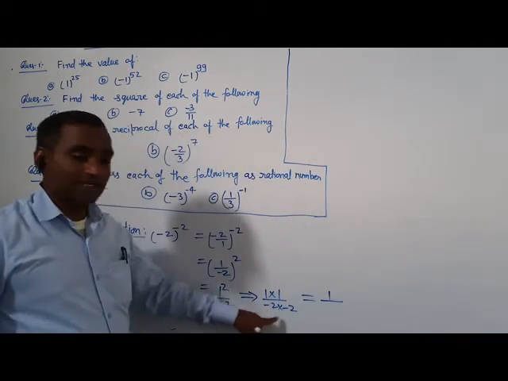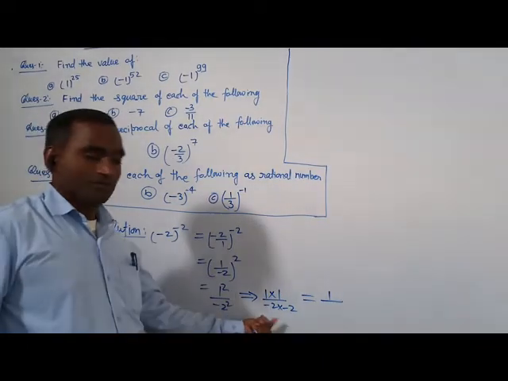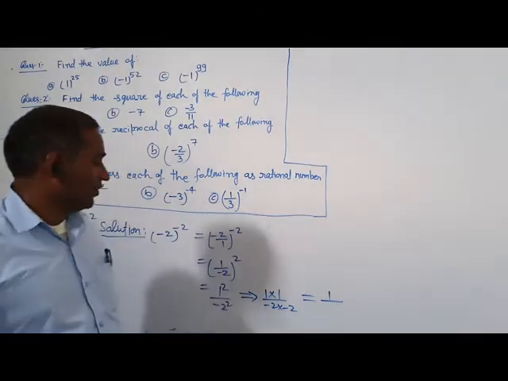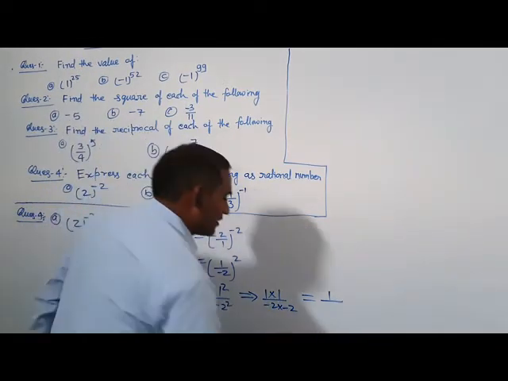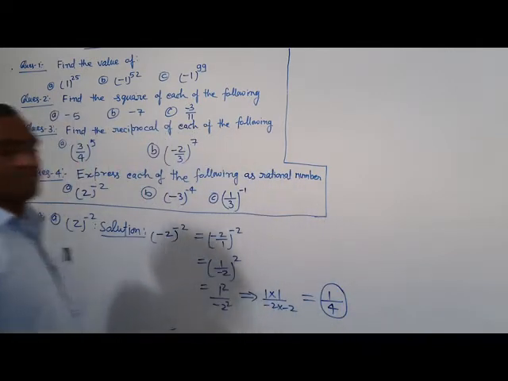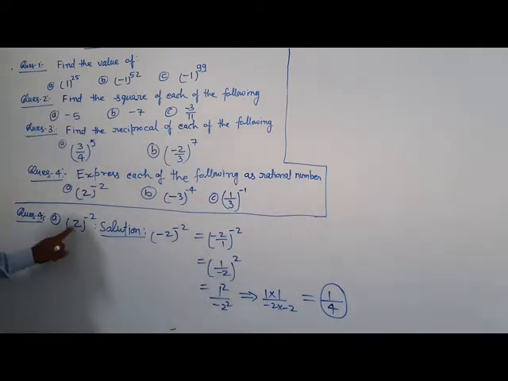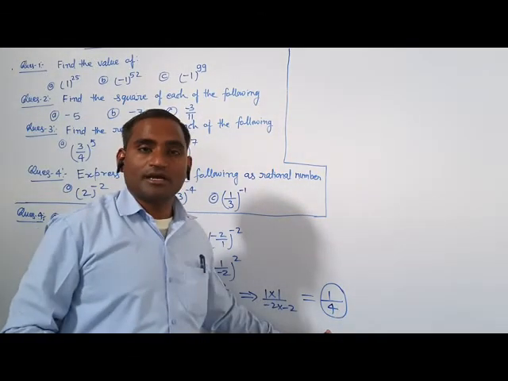Here the number of negative signs is even, 2, so the product will be positive. 2 twos are 4. So 1 by 4 is a rational number. The value of 2 raised to the power minus 2 will be 1 by 4. That is a rational number.